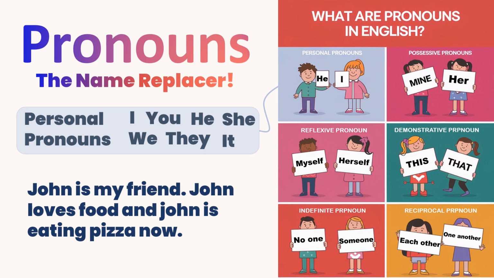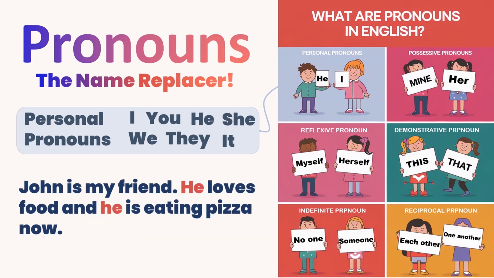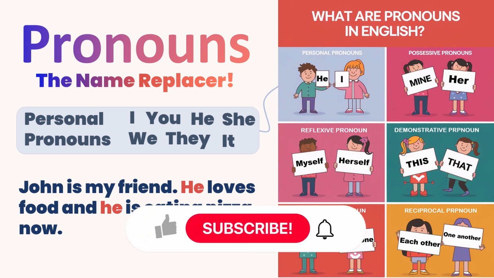Okay, look at this text. John is my friend. John loves food. And John is eating pizza now. Instead of saying John 3 times, you can say, John is my friend. He loves food and he's eating pizza now. So that is why we use personal pronouns and pronouns at all.